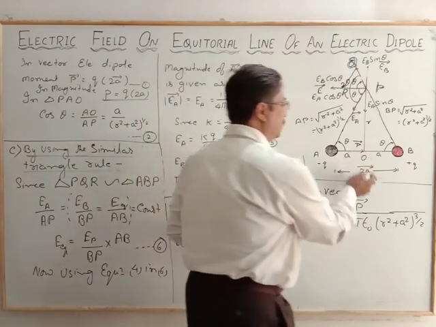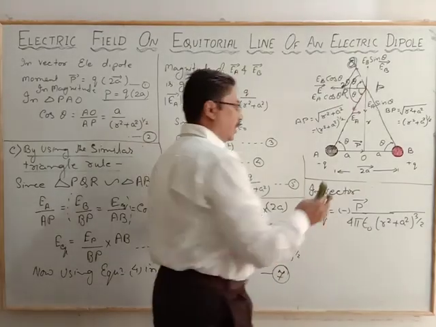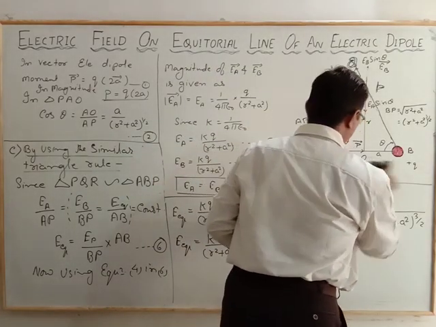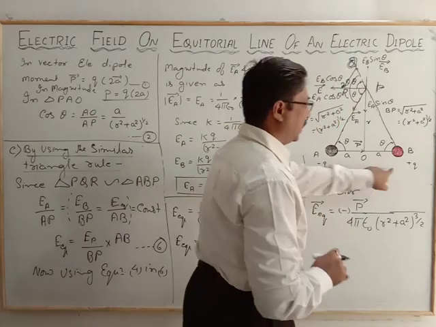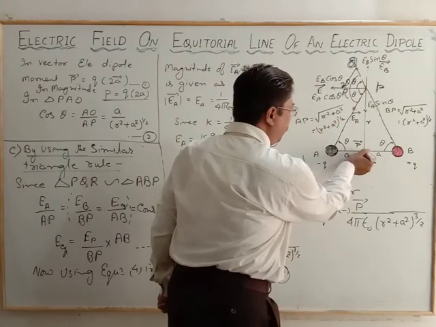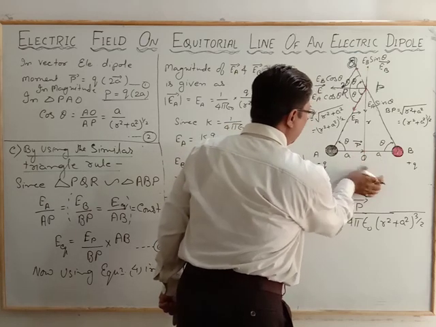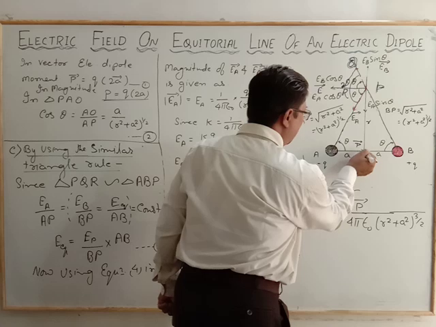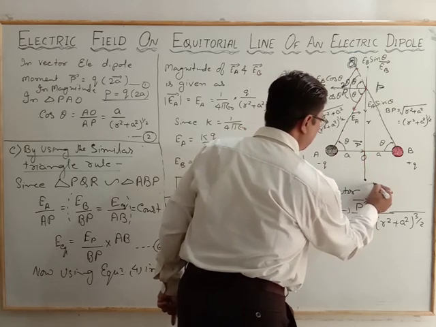How can we come to the conclusion that this is always against? So see here how it is always against. We have a charge minus Q and plus Q. Let's suppose any point we have taken on this line, let it be the point P here.